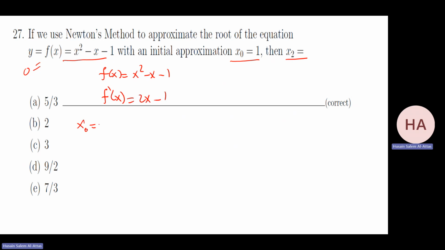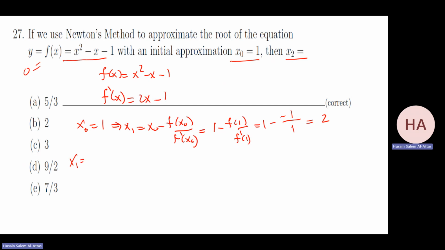I start with x0 equal 1. So x1 is x0 minus f of x0 over f prime at x0. That will give me 1 minus f of 1 over f prime at 1, which is 1 minus, f of 1 is 1 minus 1 minus 1, that is minus 1, over f prime at 1, which is 1, so that will be 2.